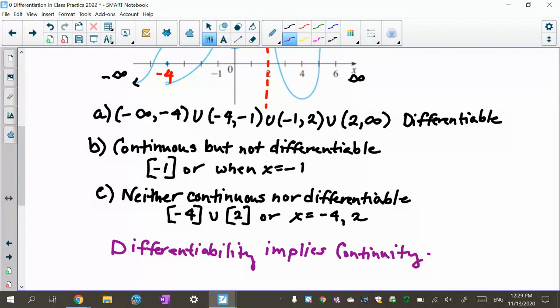But if I were to switch this around or use the converse, the logical converse, it's not the same. If I said continuity implies differentiability, that's not true. So the converse is not true. And I just wanted to put that out there, that you can look at it, and if it's continuous, it doesn't necessarily mean there's a derivative there, but if it's differentiable, you know it's continuous at that point.